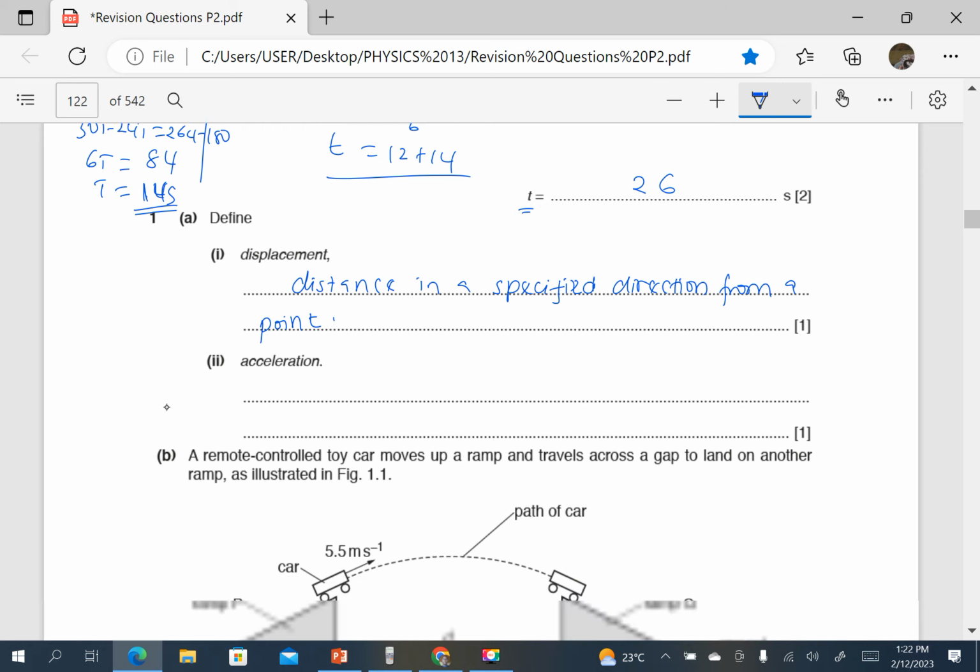Then acceleration, that one is the rate of change of velocity.